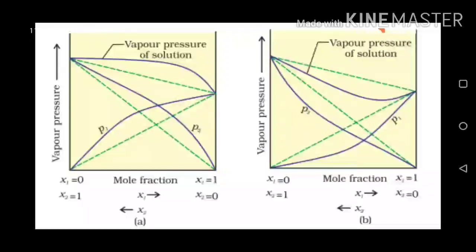So in a nutshell, on the left hand side the vapor pressures are greater than expected, so it is a positive deviation. On the right hand side, the vapor pressure for the non-ideal solutions is less, which is why negative deviations are observed.